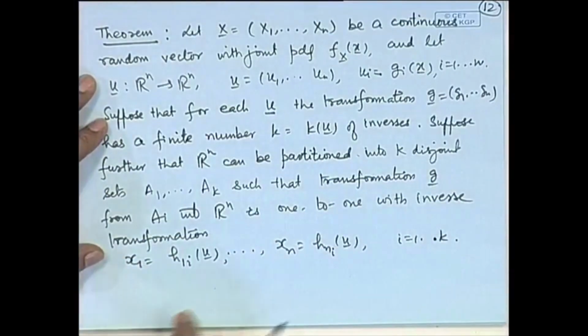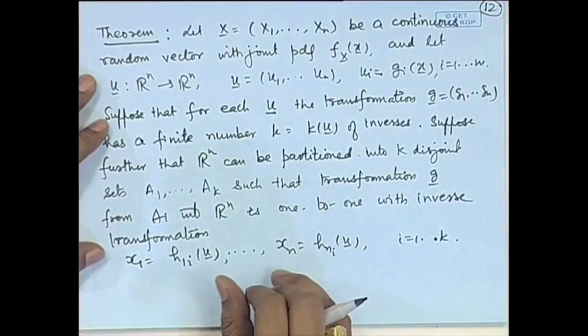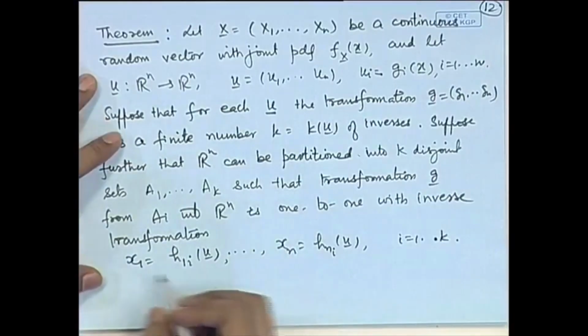As in the case of the previous theorem, we have to assume that the mapping and the inverses are continuous, and the first partial derivatives are continuous.